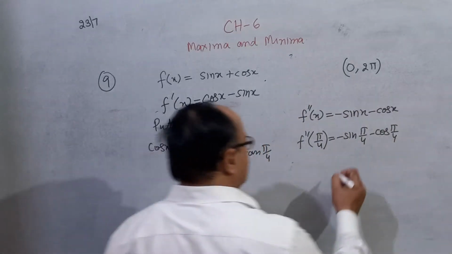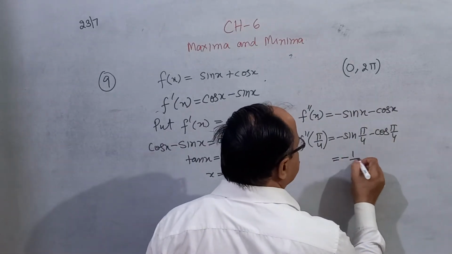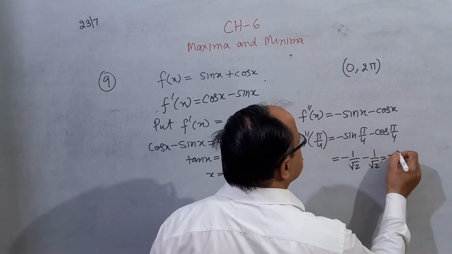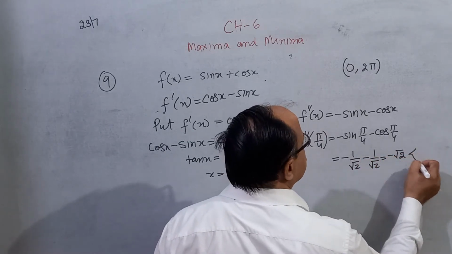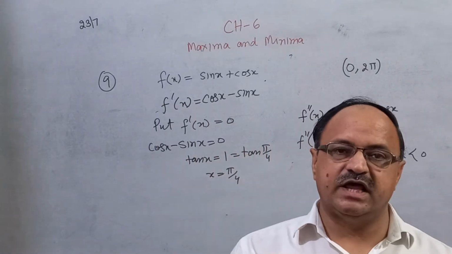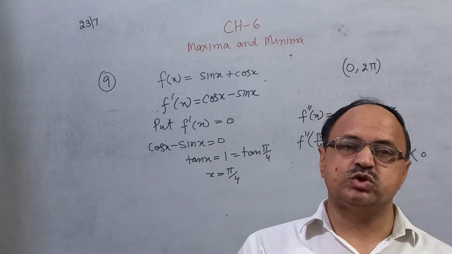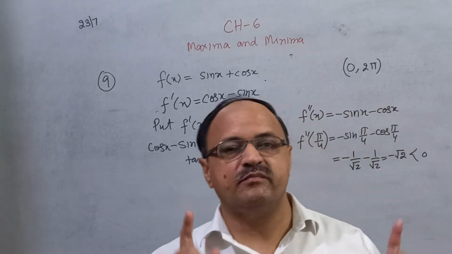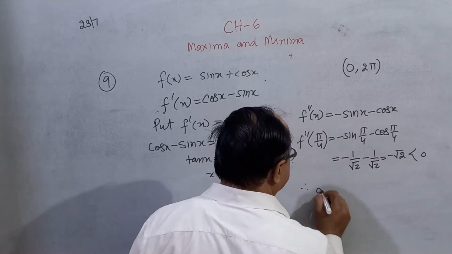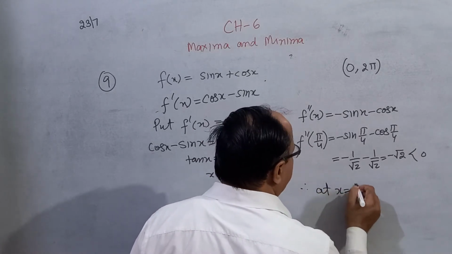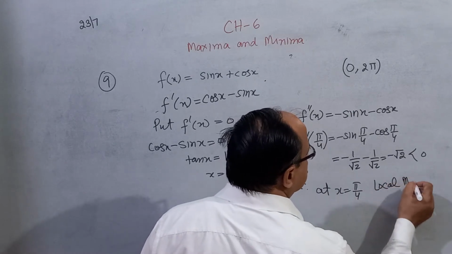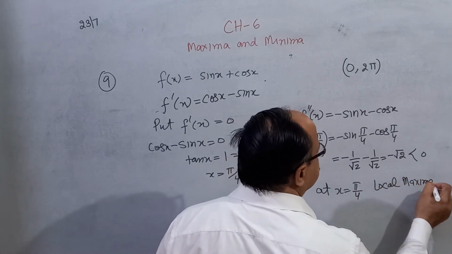Minus sin pi by 4 minus cos pi by 4. Now sin 45 you know very well. Minus 1 by root 2 minus 1 by root 2, when you simplify, the result is minus root 2. That is less than 0. Now you know very well, if second order derivative at that point is less than 0, it means local maxima. Therefore you can say at x is equal to pi by 4, local maxima.